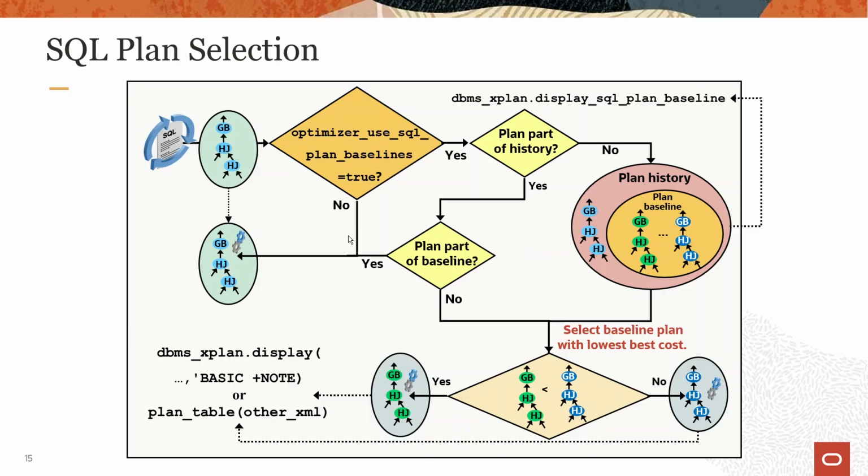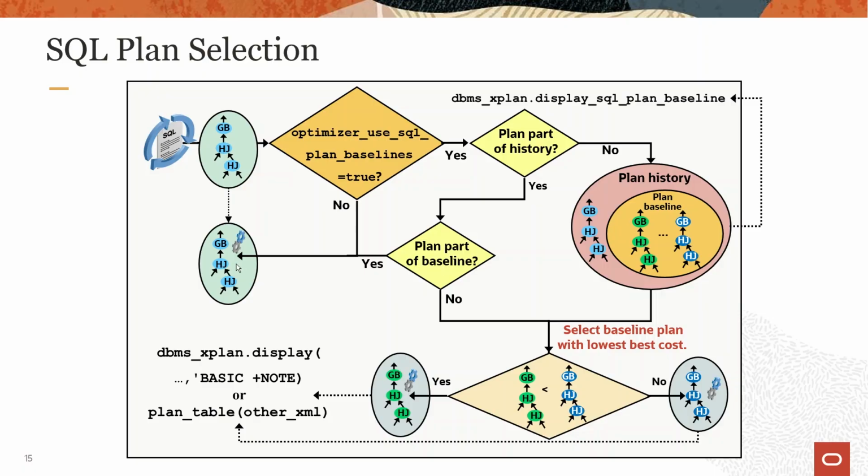Now, if it's not set to true, the execution plan that the optimizer just has rendered is going to be used, in fact. But if the mechanism is active, the optimizer says, I've generated this execution plan. I'm going to check, is that execution plan part of the history of that statement? If it's already in the history, it's going to check, is it a baseline plan?